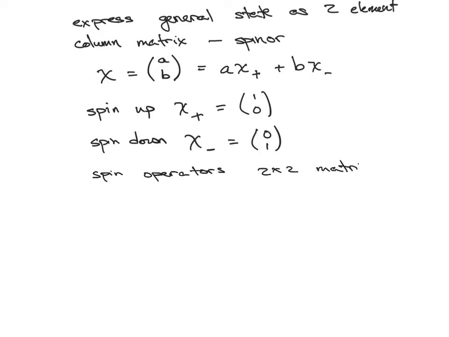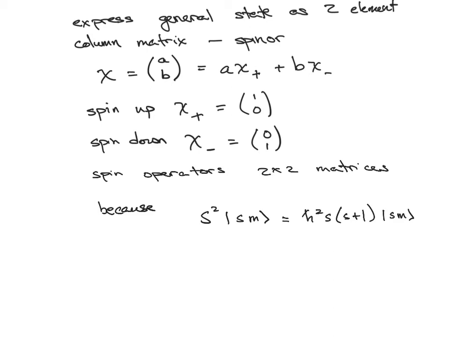Our spin operators are 2 by 2 matrices because when we take our spin squared and apply it to each of our spin up or spin down states, we're going to return an eigenvalue of h bar squared s times s plus 1, still acting on this state.